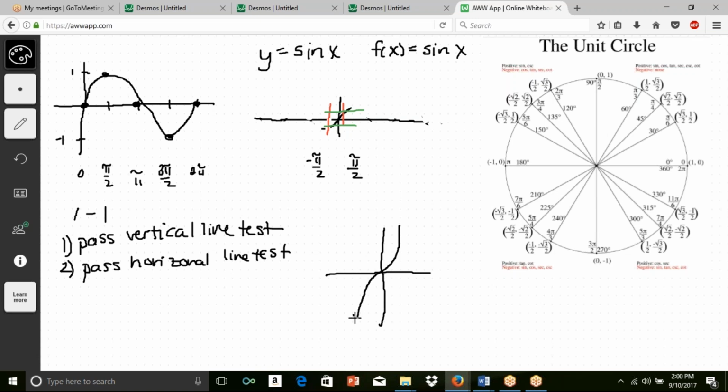Come up here, right? There's my function like this. Well, what happens is my function then will flip right over the y equals x axis. And so then my other function would mirror right over that, so it would look like this.